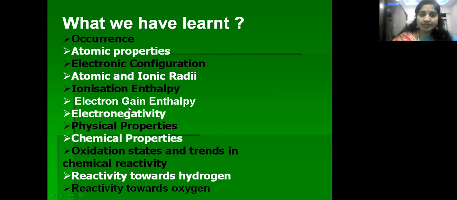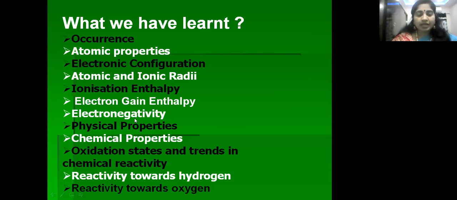Chlorine has more electron gain enthalpy when compared with fluorine, because fluorine size is very small, interelectronic repulsion will take place, so it will not easily accept the electron. That's why it cannot hold the electron because of the interelectronic repulsion. So because of that, fluorine has less electron gain enthalpy when compared with chlorine.